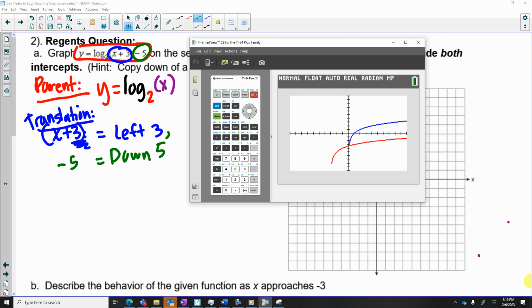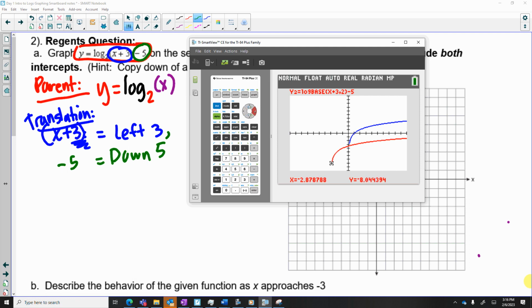But I'm hoping you notice that the asymptote got moved. In fact, the asymptote used to be at x = 0, or the y-axis, but it has moved to the left 3 units. So it's sliding over to x = negative 3. You can press TRACE, go down to the red function, and if you scroll to the left, you're going to see that as you go to the left with your x values, we're getting very close to x = negative 3, and then it kind of disappears.